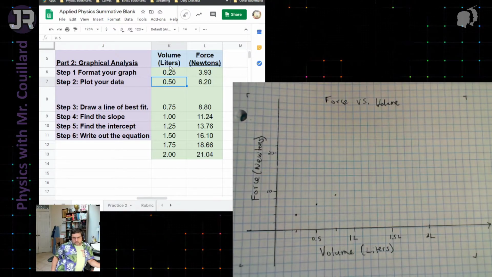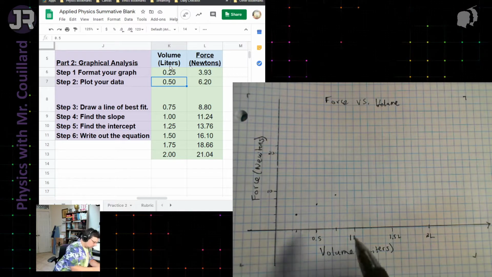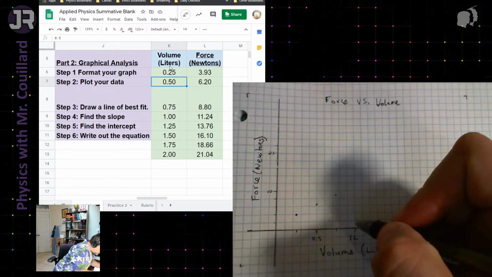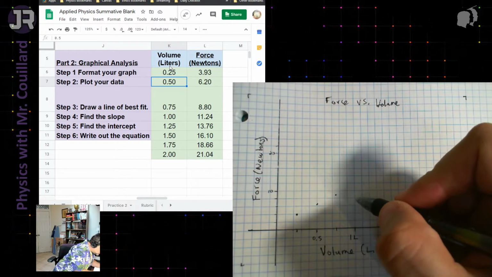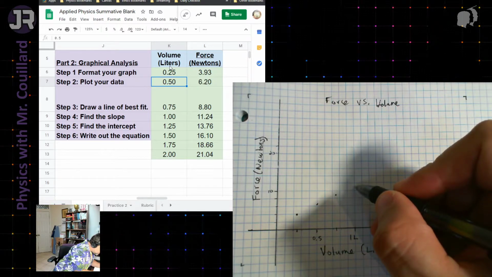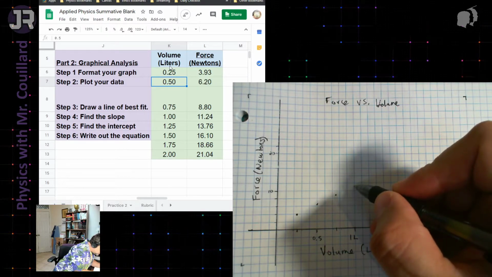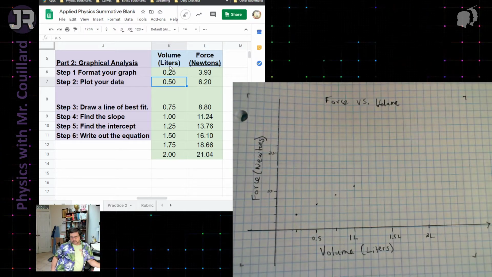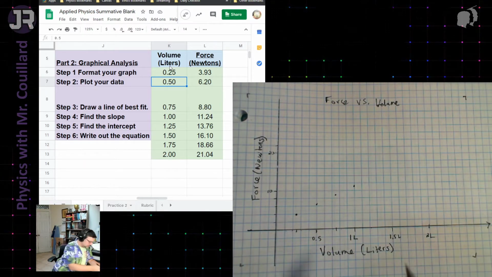We are going to look at 1 liter. 1 liter is going to be at 11.24, so if we go up here to 10, 11 is halfway, so right about there. Okay. And next one, 1.25 liters.